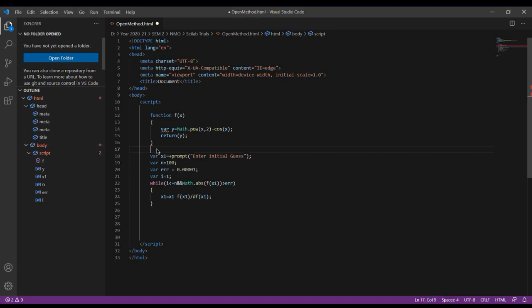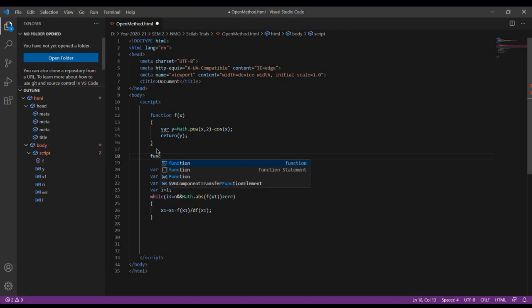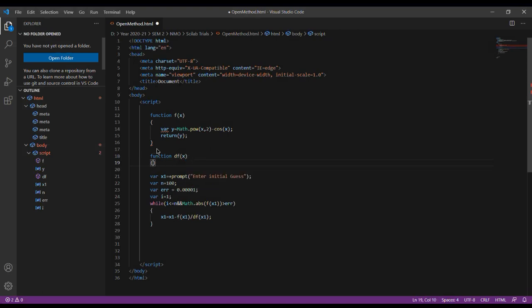Okay, so there you can press enter key, and you can write function df in bracket x. Okay, and after that press enter key and opening and closing braces.